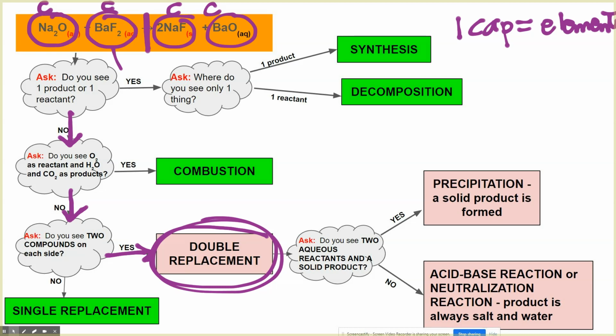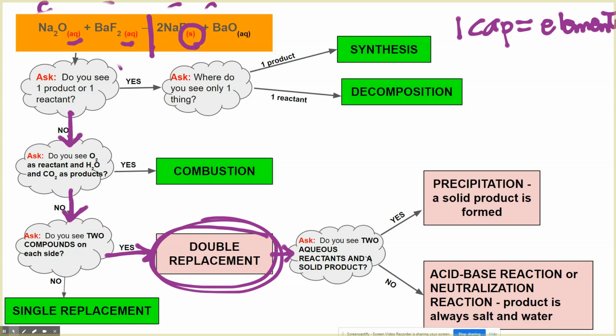Is it a special type? So you keep on asking yourself, do you see two aqueous reactants in a solid product? So let's see. Oh, let me erase that. Do I see any aqueous? I see it. You see it? AQ, AQ before the arrow, and you must have the S. The most important thing there is the S. You must have two AQs before the arrow and an S after.